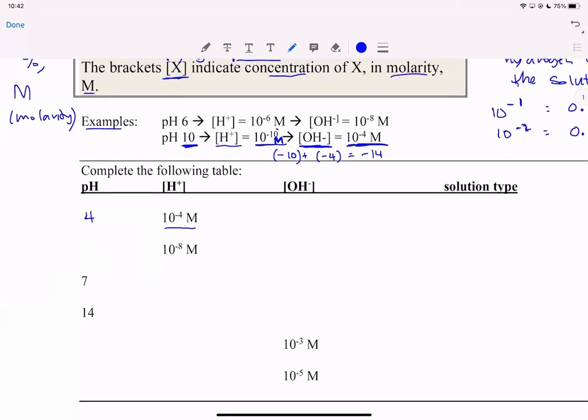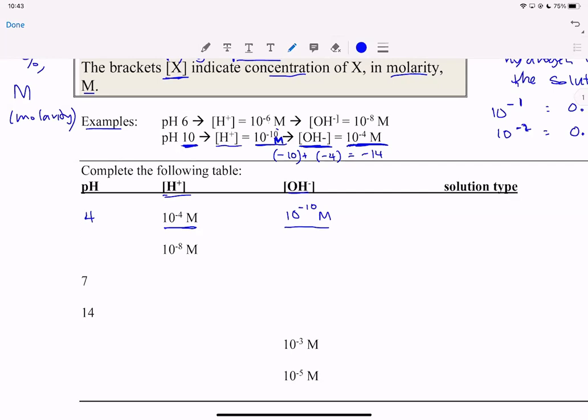Not -4, because remember, it's just the number value without the negative sign. And when you have the hydrogen ion, you can also figure out the hydroxide ion. In order to get the hydroxide ion multiplied by the hydrogen ion, the exponents both need to add up to -14. So that would be -10, and that is units of molarity for the hydroxide ion.